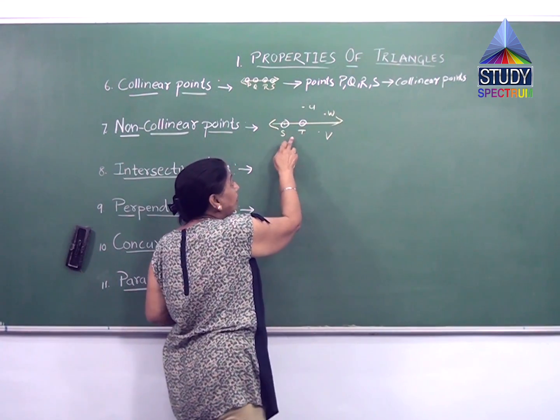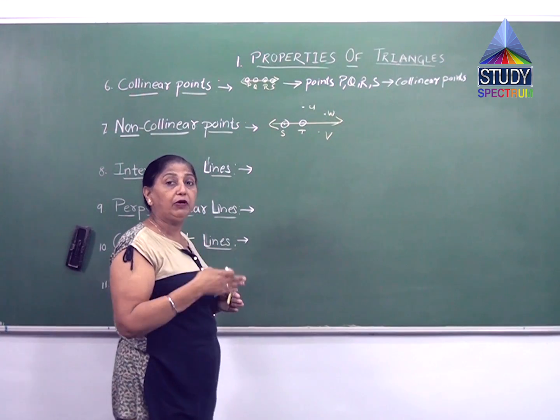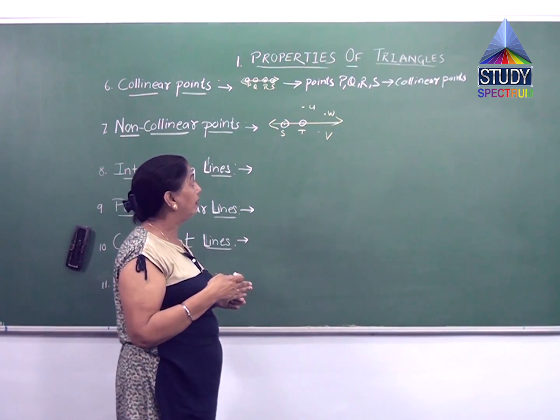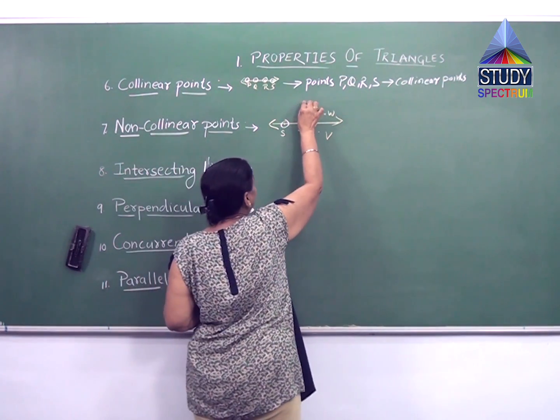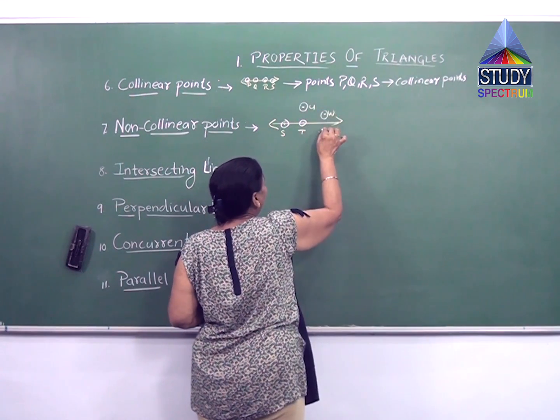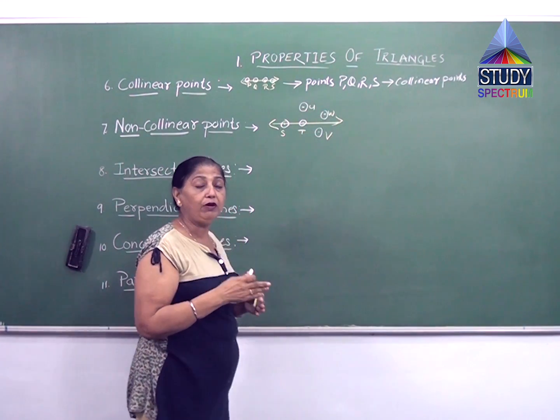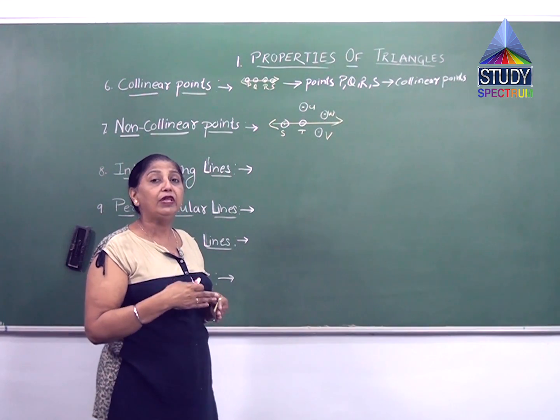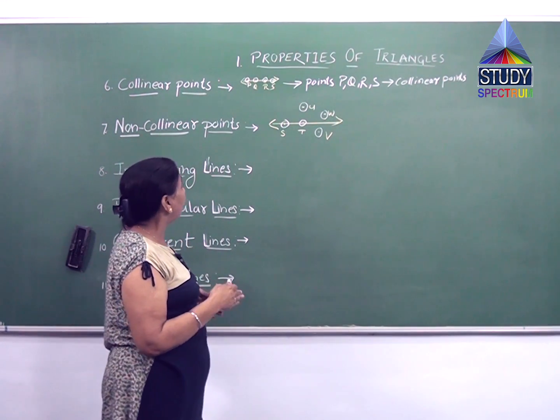So S and T are collinear points. Why? Because they are on the same line. Now U, W and V are not on the line.